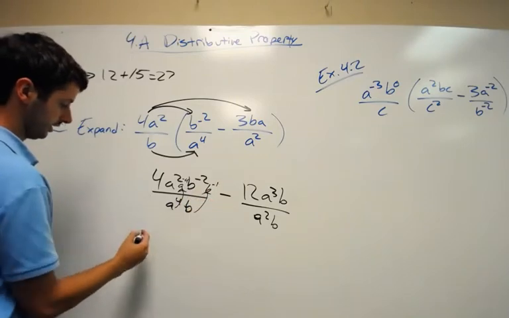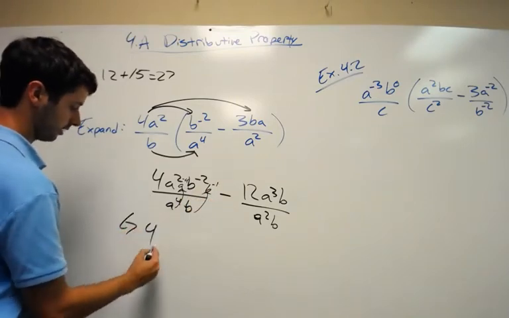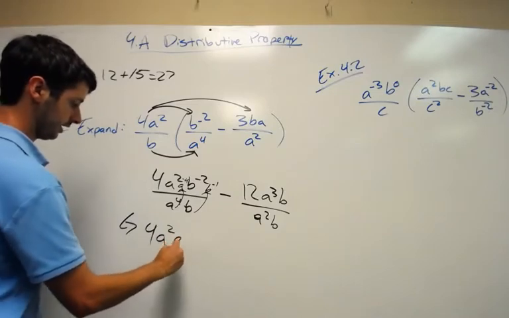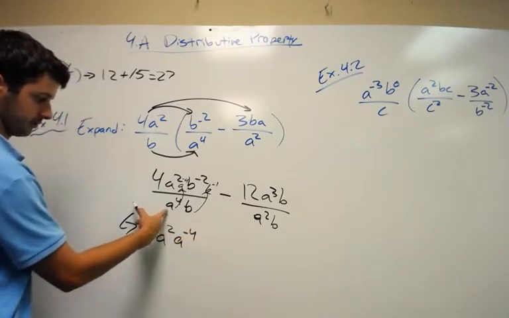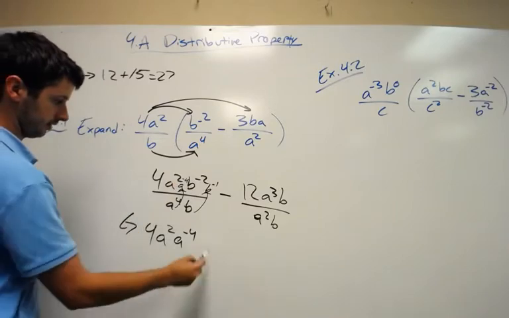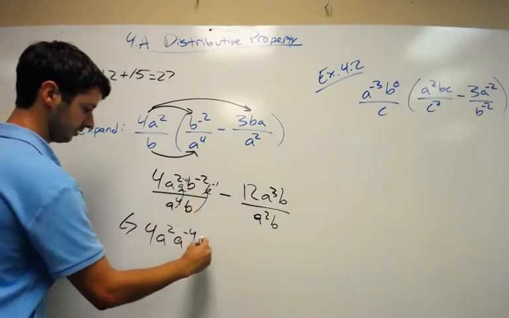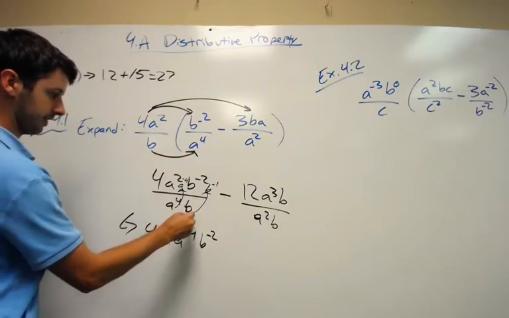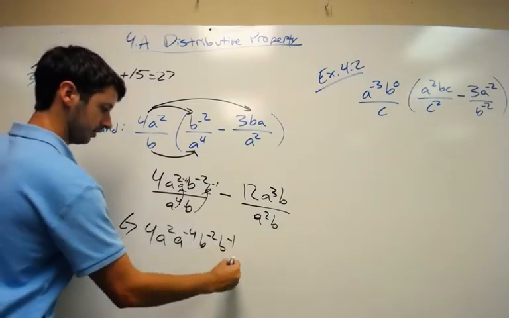It would look like this. 4a squared, a negative 4, b negative squared, and since we moved b to the positive 1 at the top, b negative 1.